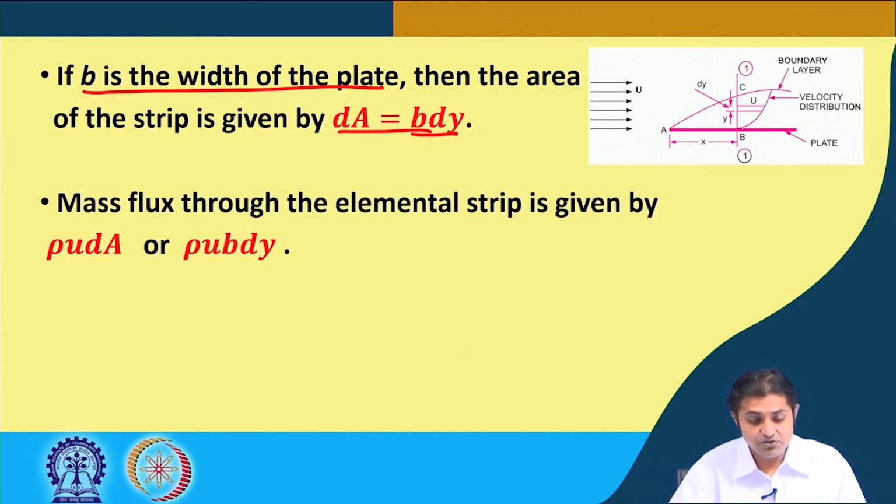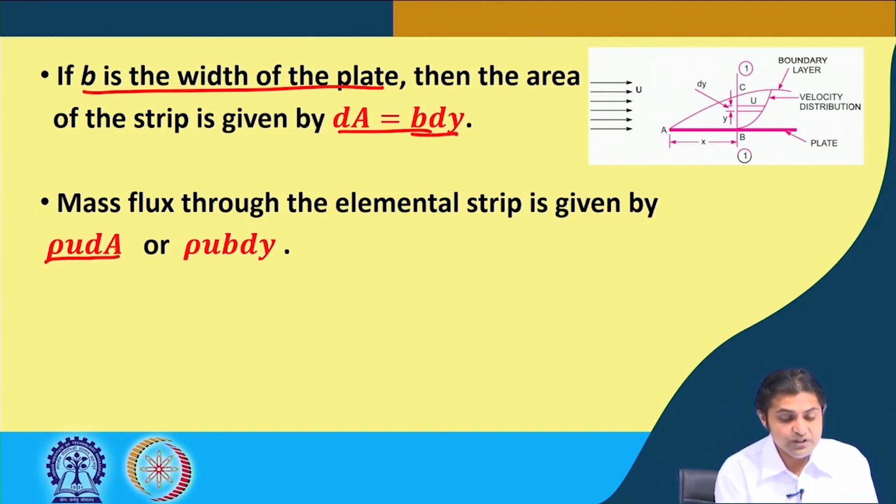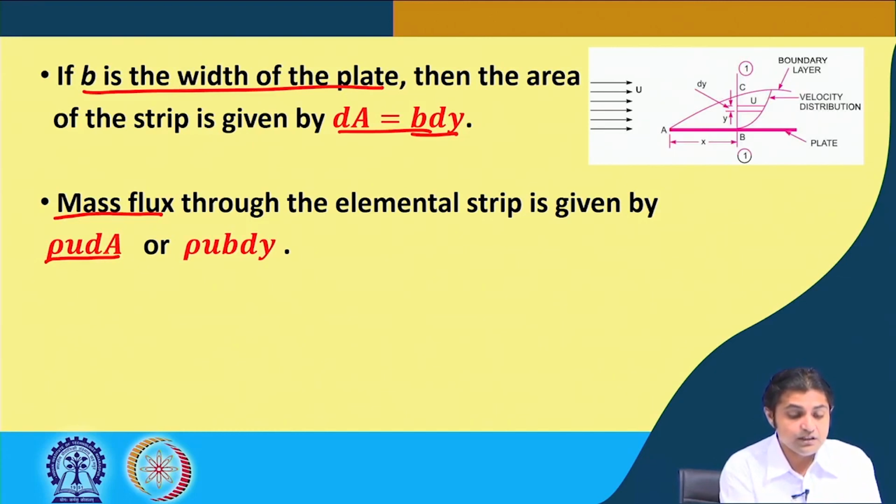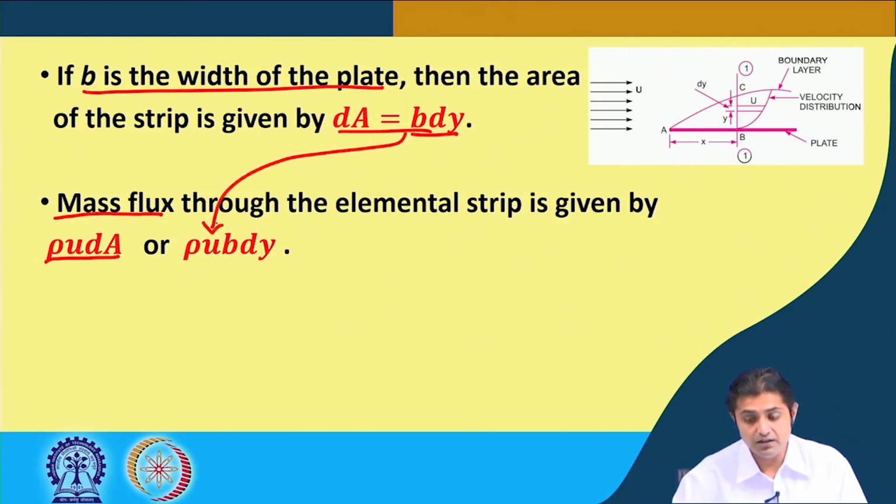Now, the mass flux through the elemental strip is given by rho u into dA, correct. Rho u is sort of a momentum, rho into u, mass into velocity. Of course, we have not considered the volume right now, but we multiply it with dA to have the mass flux. So, if you put dA as B dy, this becomes rho u B dy.